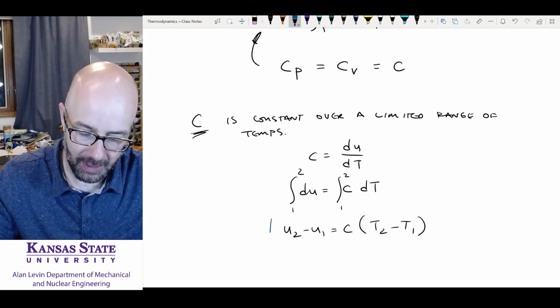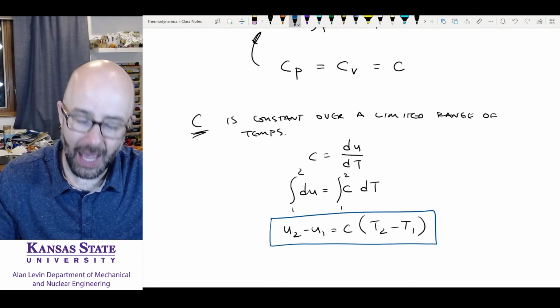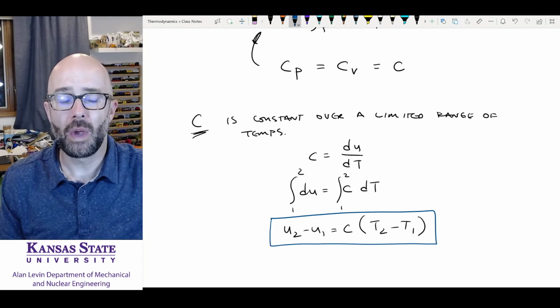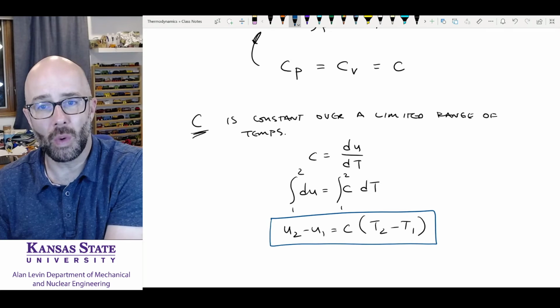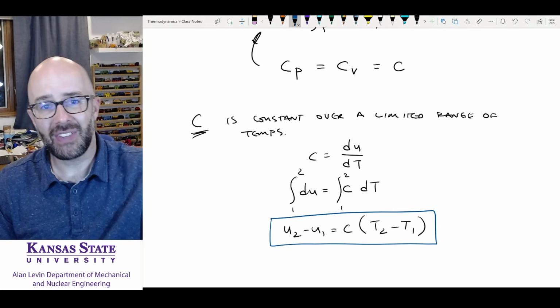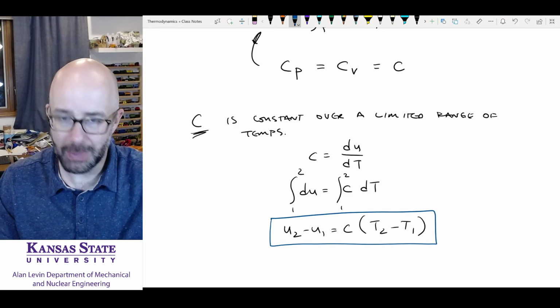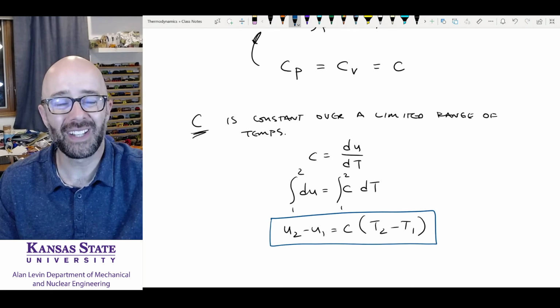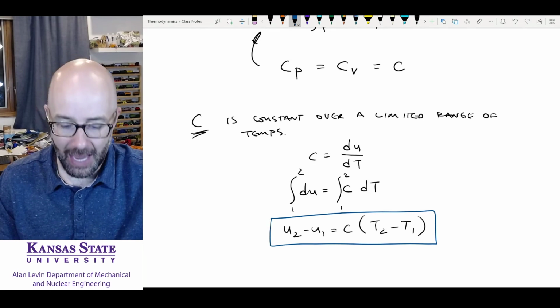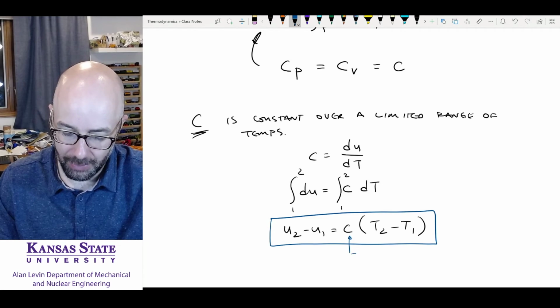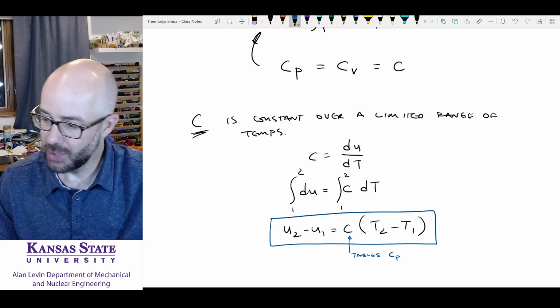The incompressible substance model says when we have an incompressible substance, we can replace u2 minus u1 with specific heat times T2 minus T1. And it doesn't matter which specific heat we look up, C sub P or C sub V, they're the same thing. And so often in the tables, you're going to look up C sub P. That's what they're going to give to you.